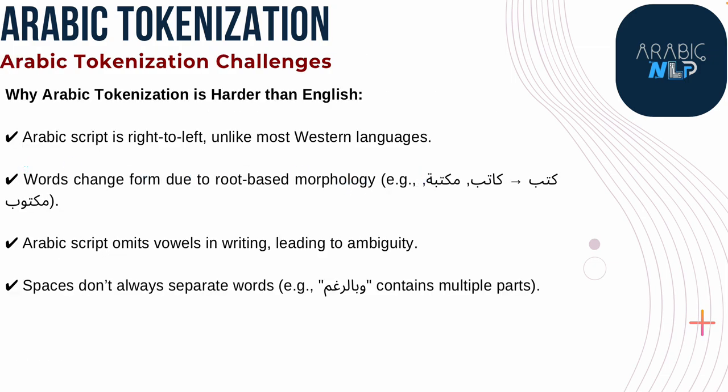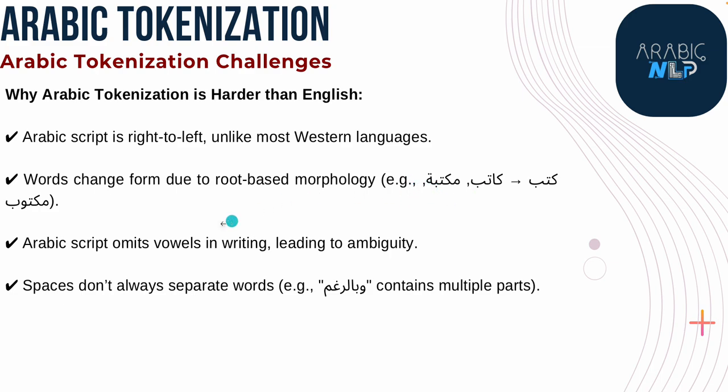English tokenization is straightforward, because we simply split into small units and the words are clear. But in Arabic, we have a whole different story. As I mentioned, let's take an example in Arabic: kataba, which means write, or wrote. It has many forms. When I say katib, it means writer, and when we say maktaba, it means library, the place.